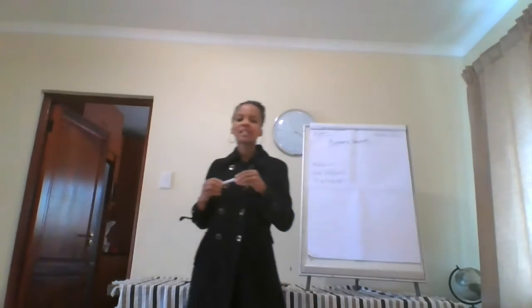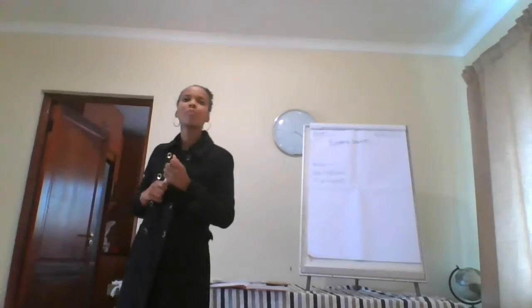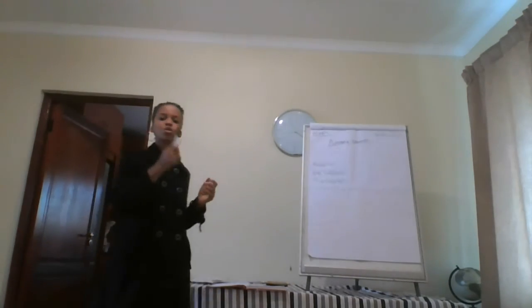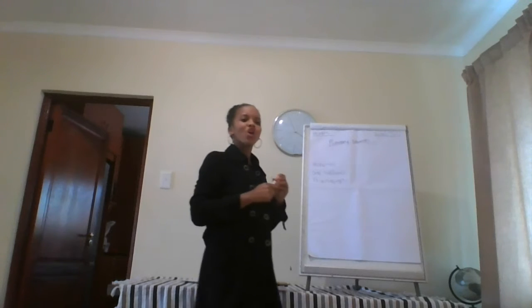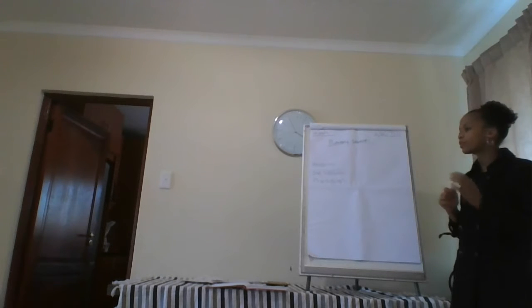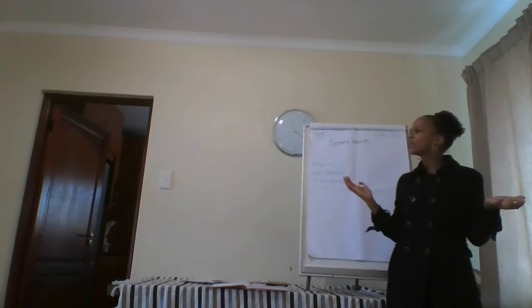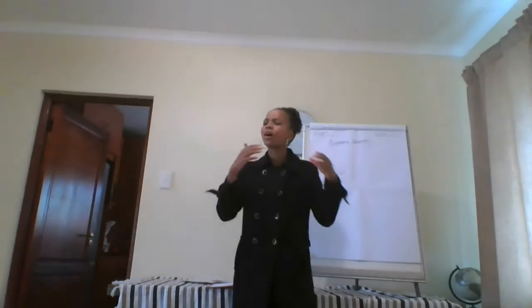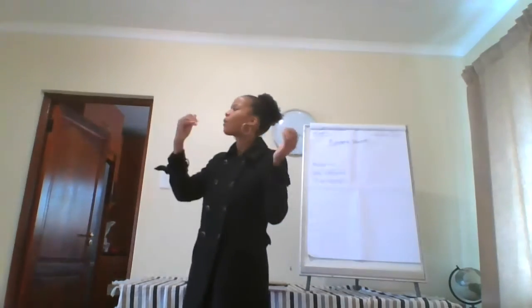What are the examples of primary sources you know about? Yes, Noctula? Songs or music. That's a very good example of primary sources. For example, in Eswatini, we sing different songs, and usually most of the songs carry information about our past.